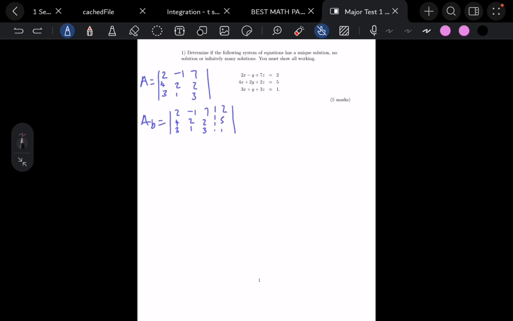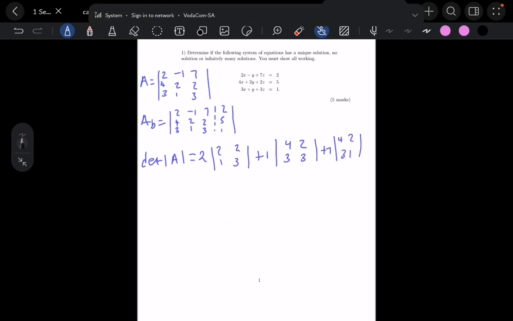So finding the determinant, it's not something that is very hard, most of you can do it. So the determinant of A, it's going to be 2 times (2·3 − 1·2), plus 1 times (4·3 − 2·3)... plus 7 times (4·1 − 2·3). So calculate that.